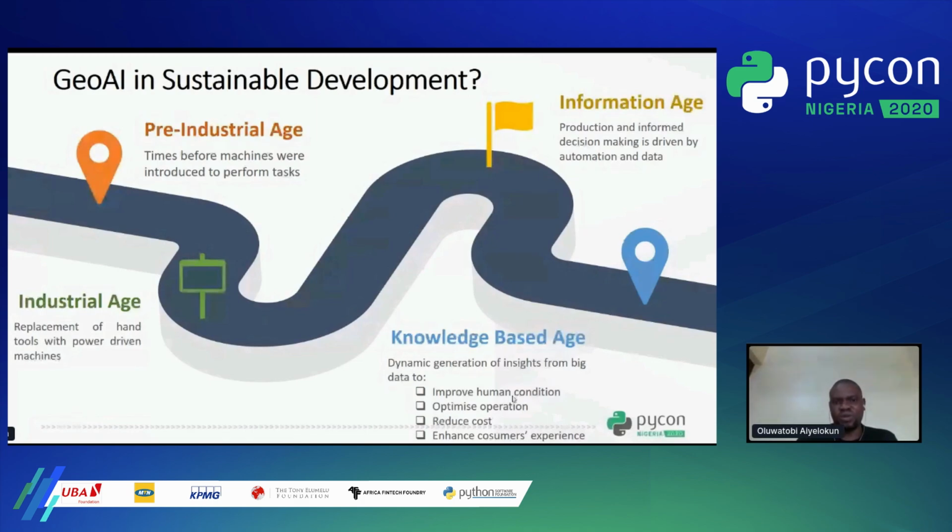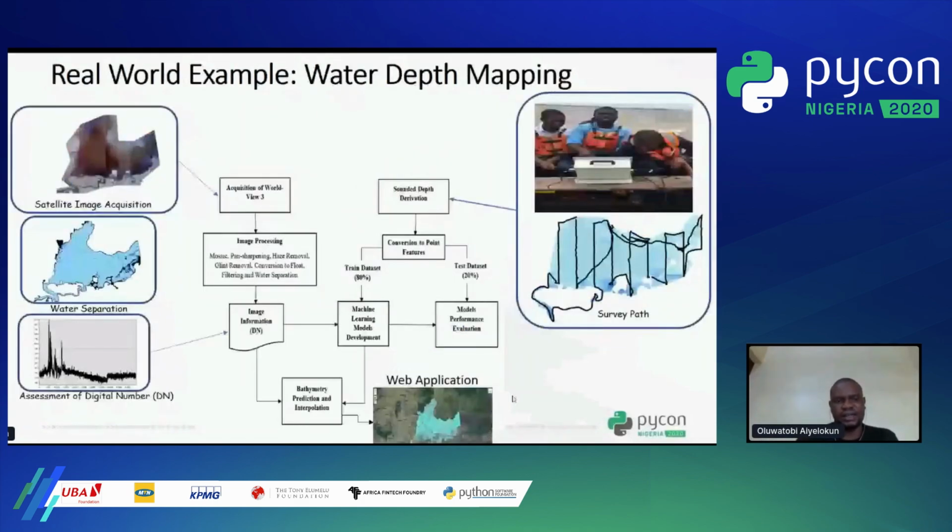This is an example of what we did last year at OEA Consult, and it is a really live example of GeoAI integrating GIS and mapping. We mapped some part of the Lagos Lagoon, the water depth.